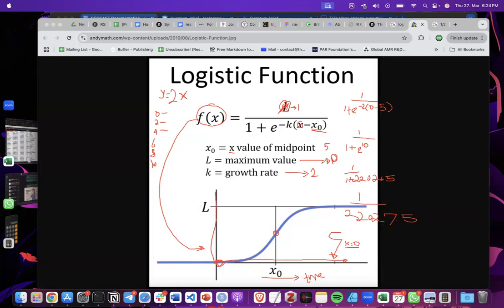So instead of a growth rate of 2, let's say you now have a growth rate of half. So this time around, your K is now equal to, let's say, 1. So you cannot reach your maximum value.